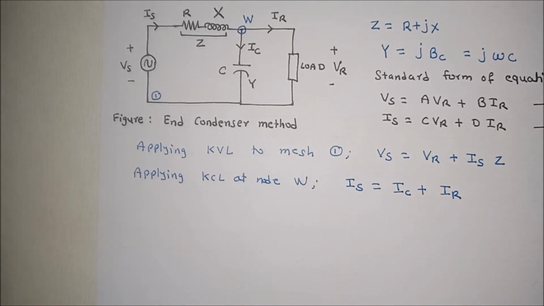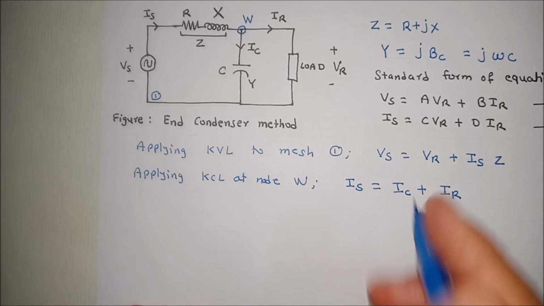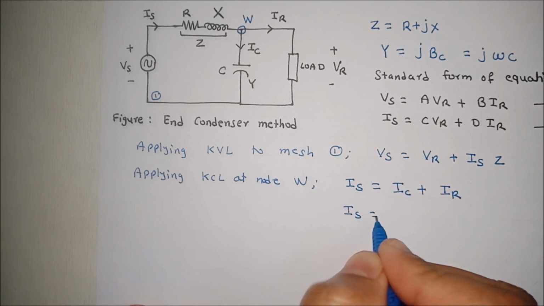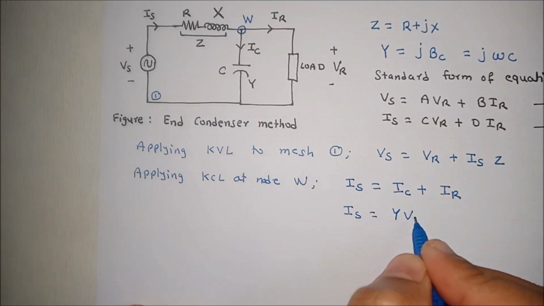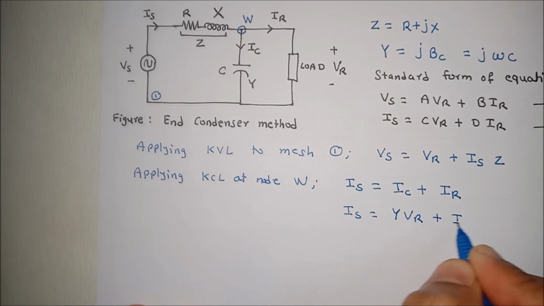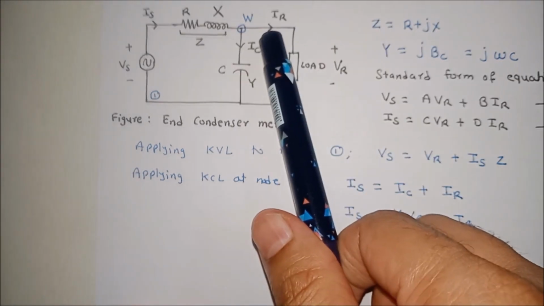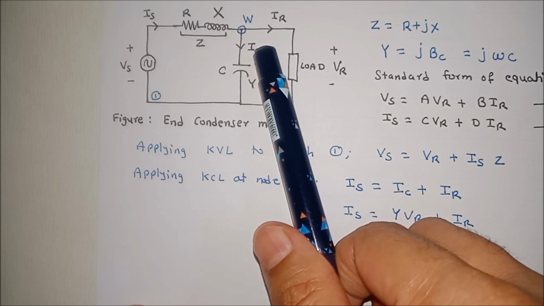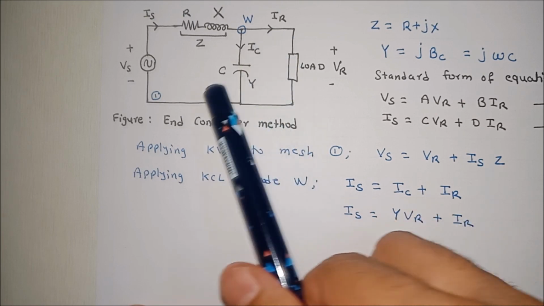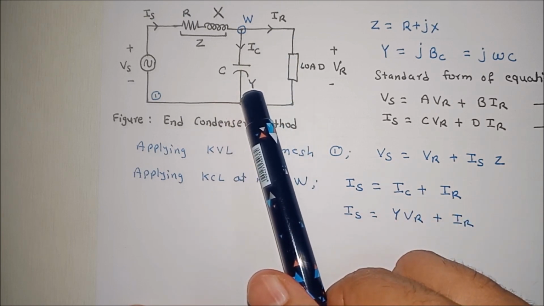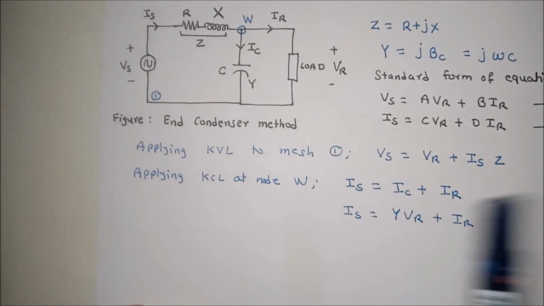Now what is IC here? IC is nothing but the current flowing through the capacitor. By Ohm's law, IC is the voltage VR divided by the impedance, but we are writing in terms of admittance, so IC will be equal to Y into VR.